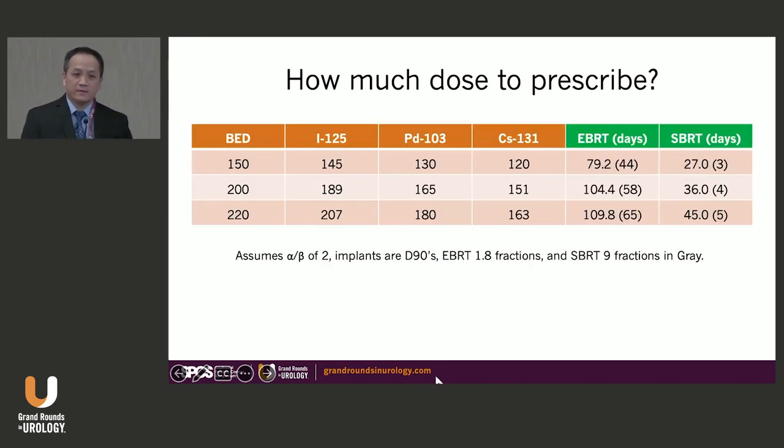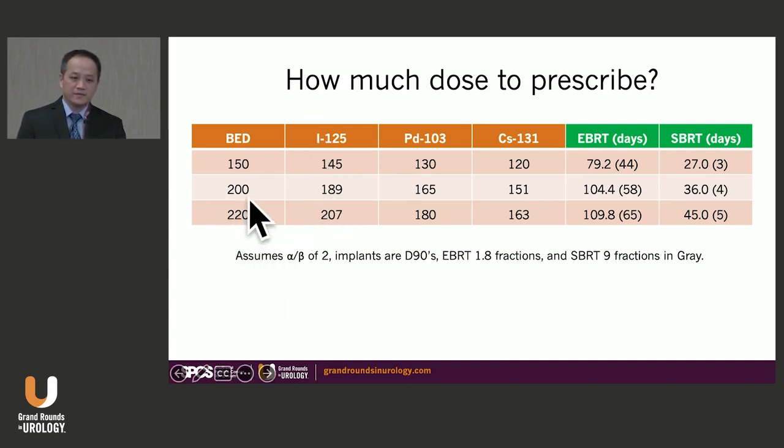So we know this 220 BED, but how do we prescribe it in the clinic? Because we're using different types of seed and different types of prescription, when you talk to your physicist about what dose you need, I list this table here.